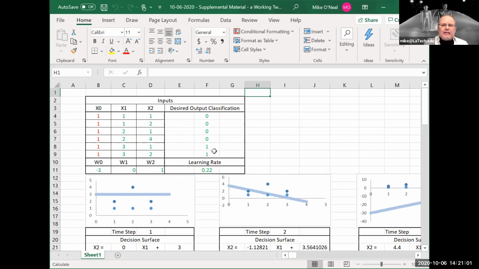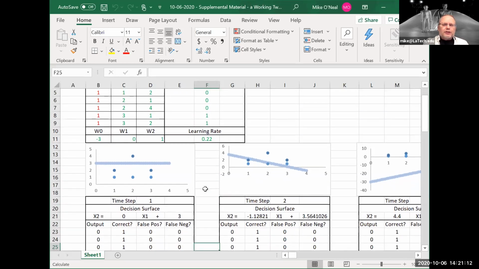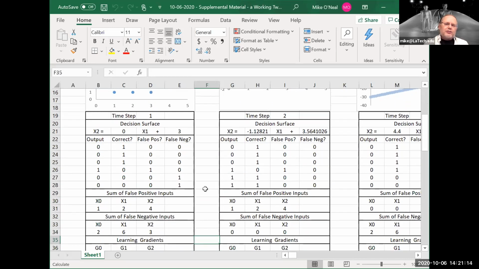This is exactly the numbers that we went through last time. And if we scroll down, you can see, okay, for the first step, here's my decision surface. Here are the outputs that it guesses, right?